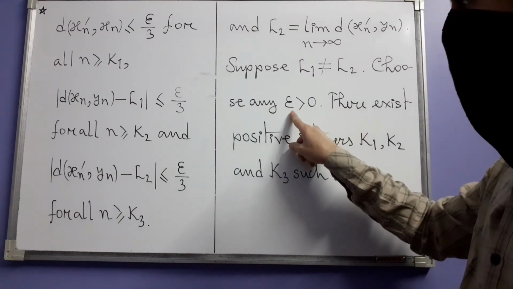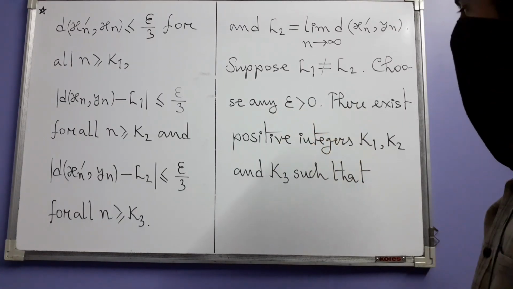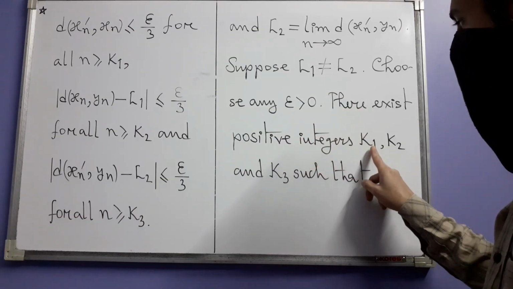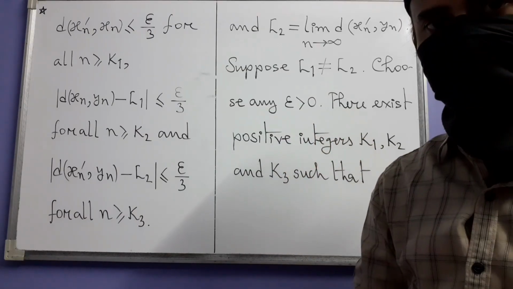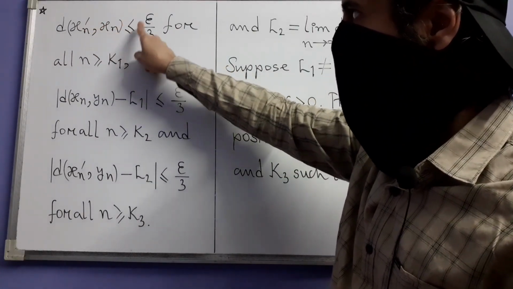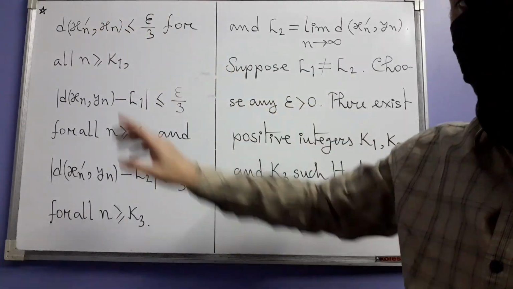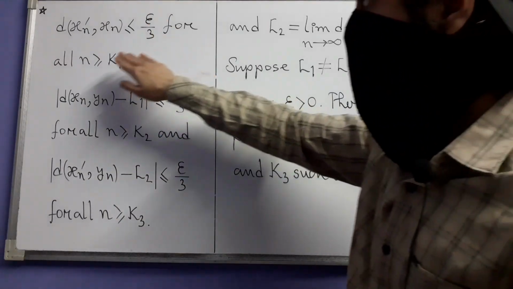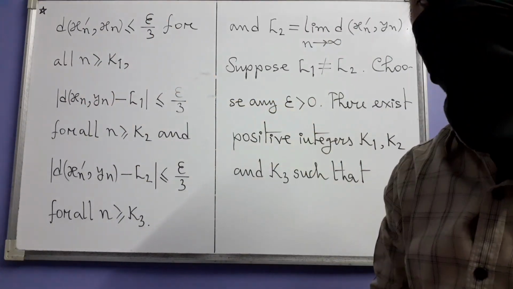Now choose any positive epsilon again. Then for this epsilon, there exist positive integers k1, k2 and k3 such that d(xn prime, xn) is at most epsilon divided by 3. This time we tweak the value a little bit again for something. For all n greater than or equal to k1.